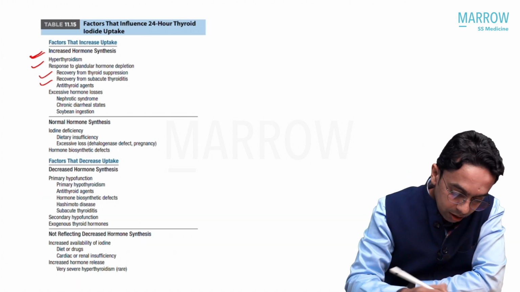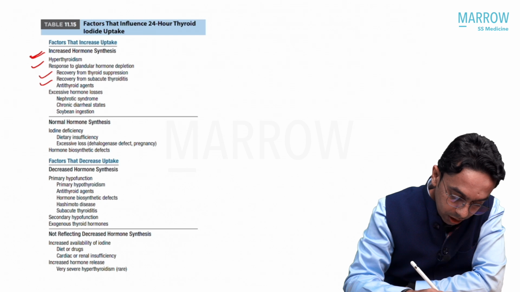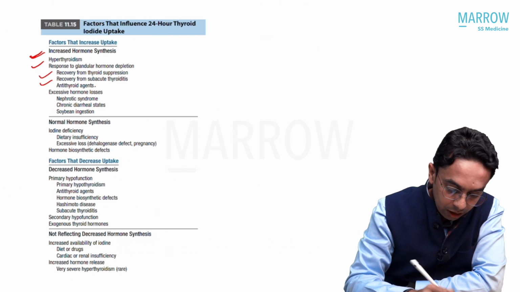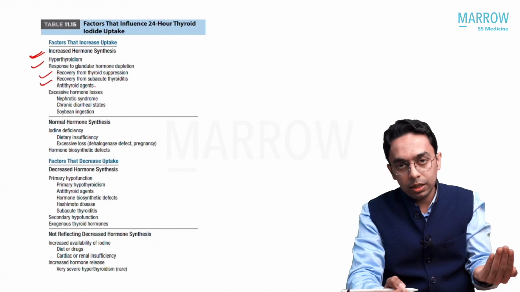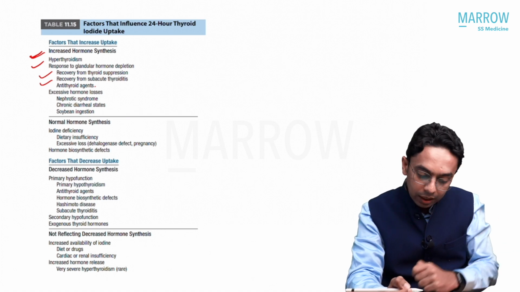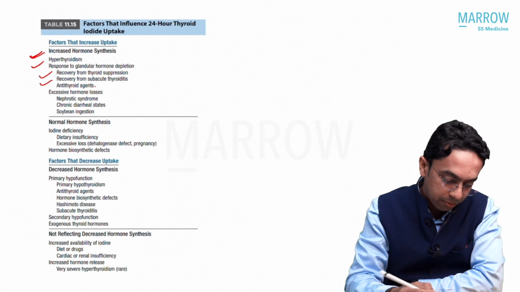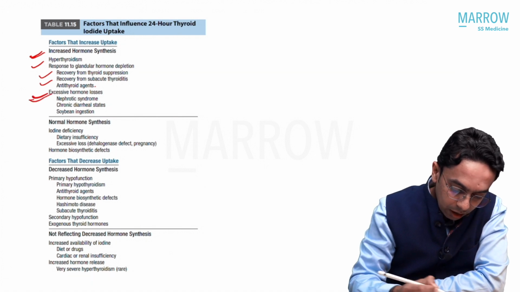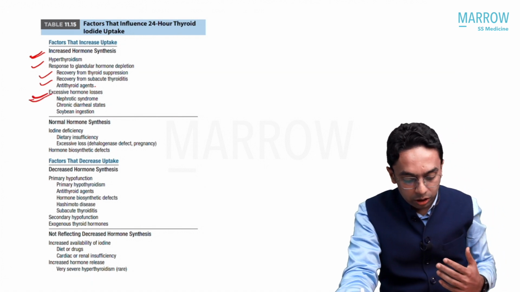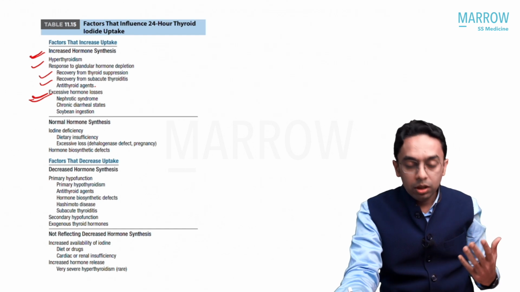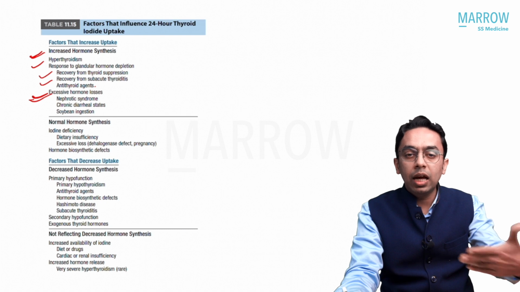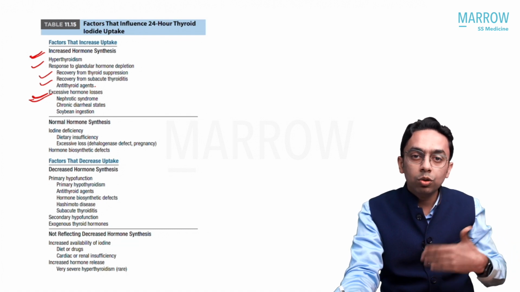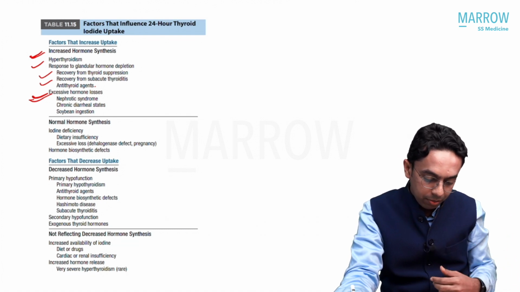Then after depletion, this is recovery from anti-thyroid agent. If you stop immediately, then you can get an increased uptake, but with anti-thyroid agents, you will have a decreased uptake. Then if there is excess hormonal loss like in nephrotic syndrome, then the patient will have more formation of this hormone because they are losing it in urine, right? So they will have an increased uptake.